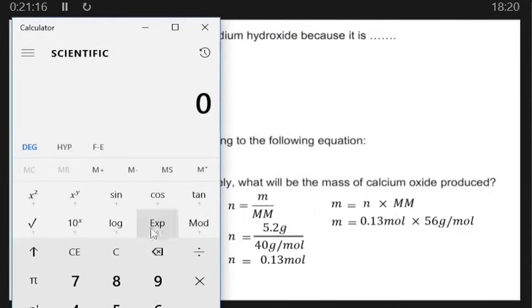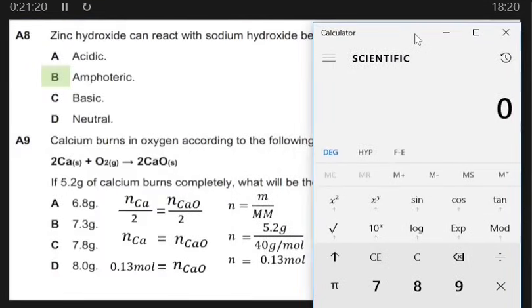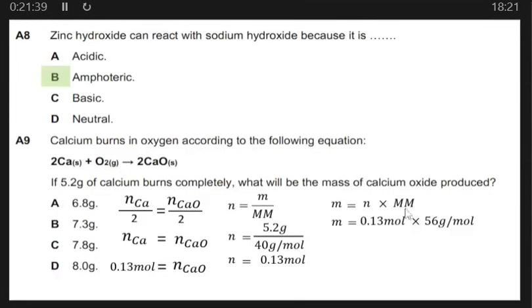Then oxygen has a molar mass of 16. So you say plus 16, you add, and it will be 56. So this is the molar mass here. You multiply 0.13 times 56, then you find the answer.